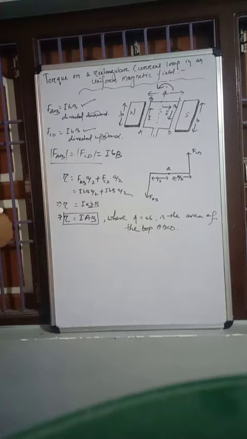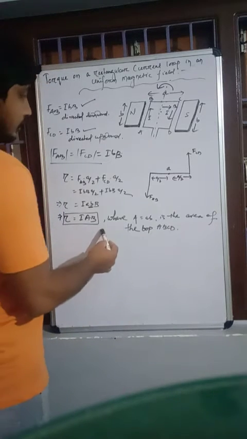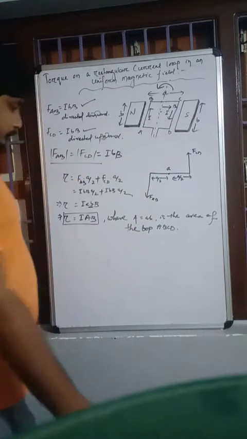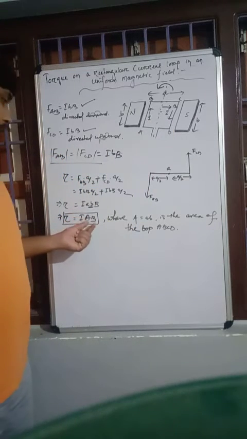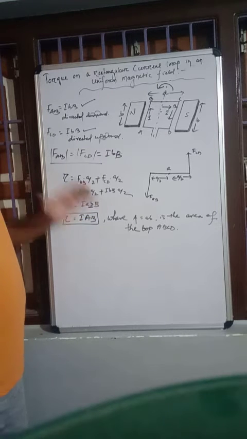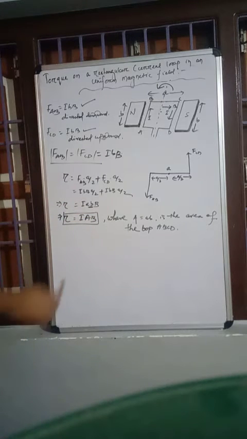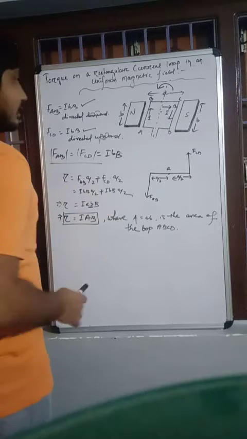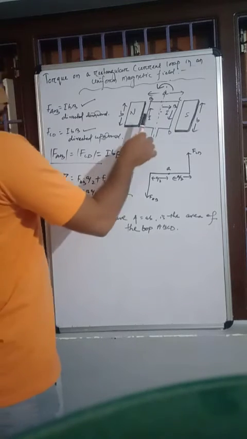Okay, so this will be the expression for the tau. Tau will be equal to IAB, which will be acting on this loop. A will be the area and B is the magnitude. Oh, sorry, magnetic field.